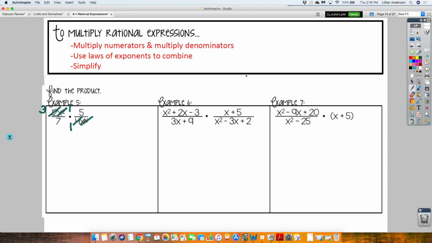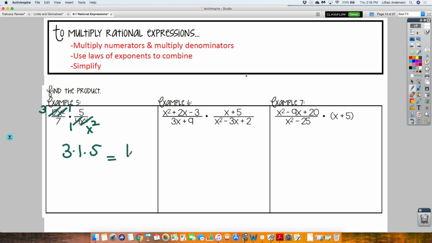x squared. So basically I am simplifying first and multiplying second. In my opinion, I feel like it's just easier. However, if you don't think so, then you can multiply straight through. It's fine. But now that I'm done, on the top I have 3 times 1 times 5, that's 15.